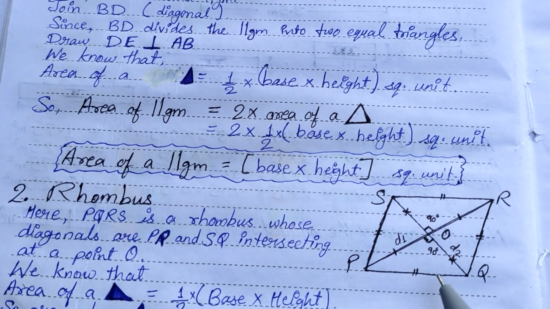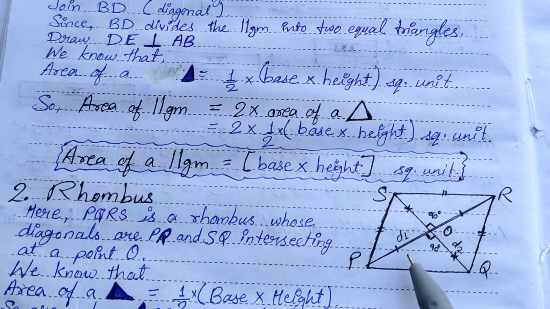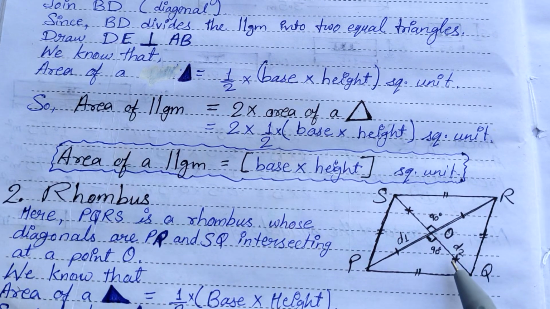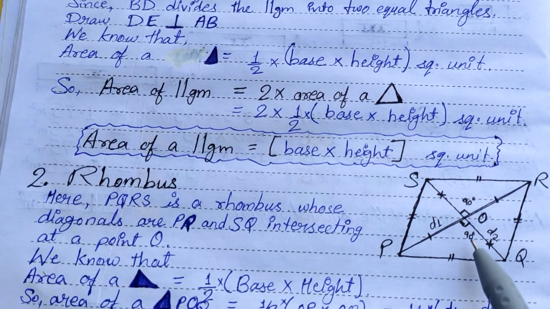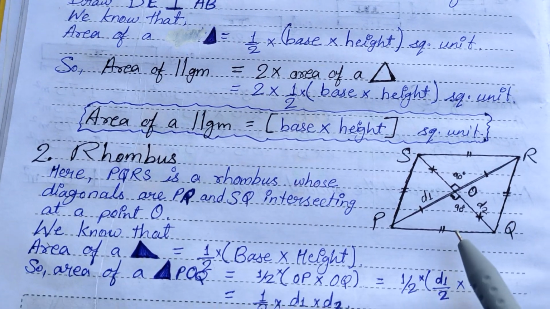Now here we can see that the rhombus has four triangles in it. We know that the area of a triangle is 1 by 2 into base into height.